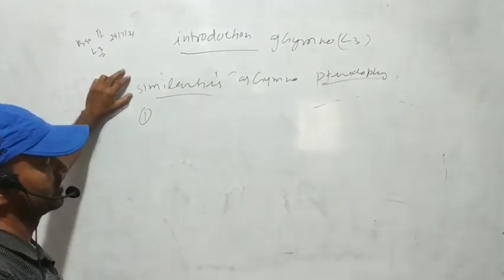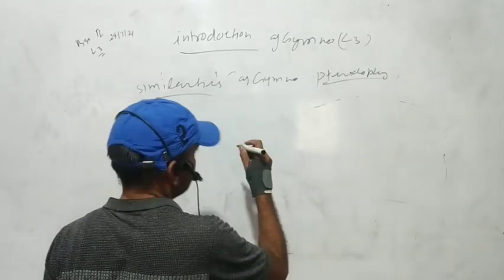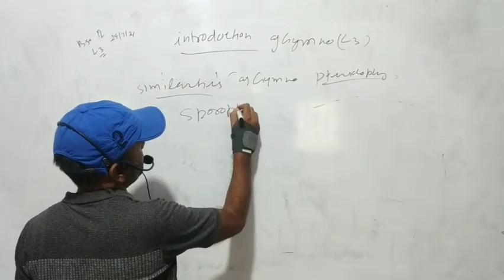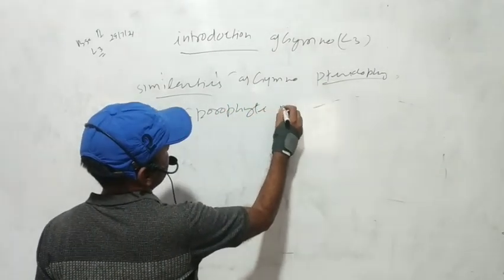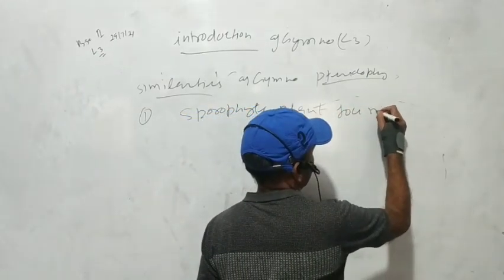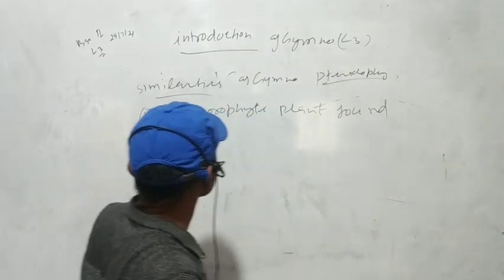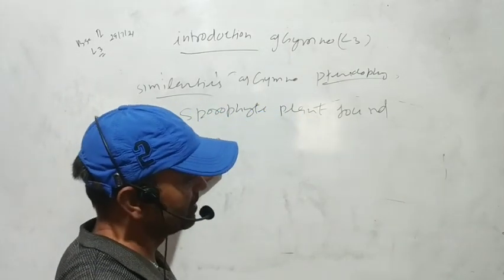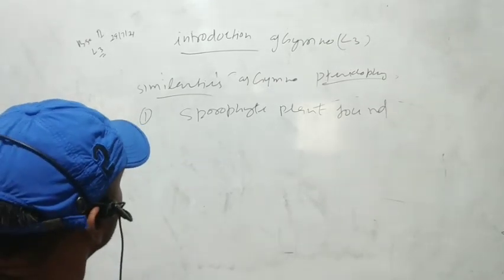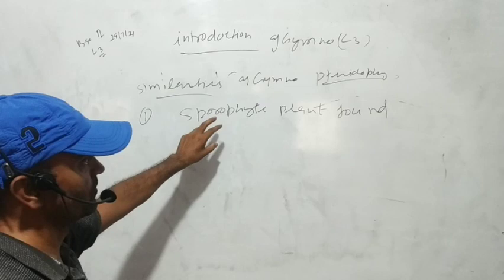In both gymnosperm and pteridophyte, the sporophyte plant is found. Number one, always I tell you, in pteridophyte and also in gymnosperm, the main plant generation is known as the sporophyte plant.